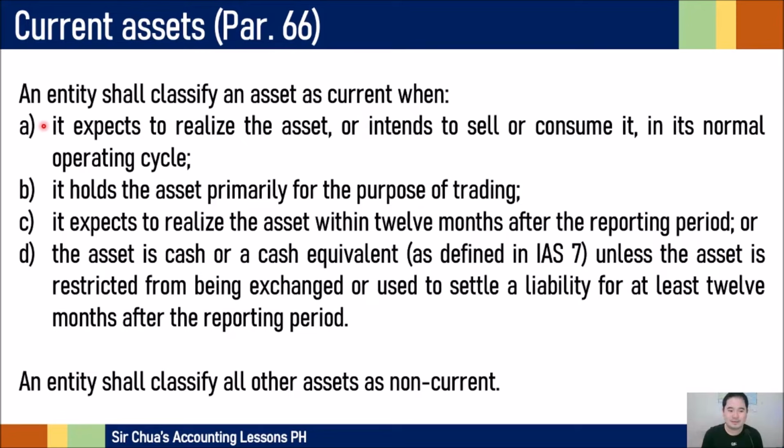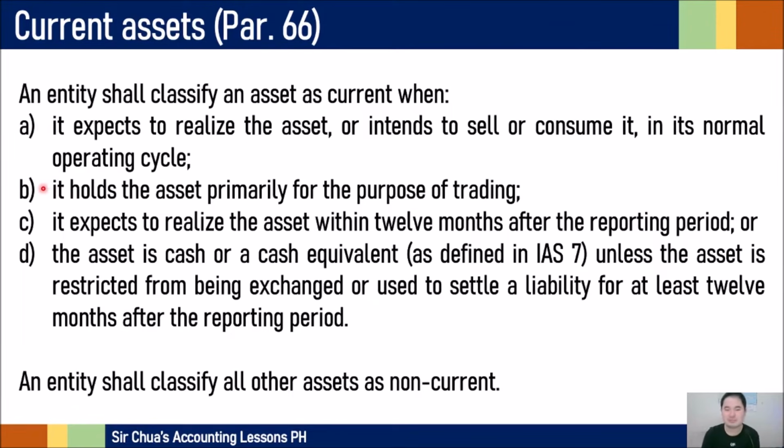Okay? Medyo iniba na kasi ng IAS 1 yung wordings, no? Pero dati kasi yan ay 12 months or normal operating cycle, whichever is longer. Kasi nga, merong mga companies na ang normal operating cycle more than 1 year eh. Di ba? Parang ganon.